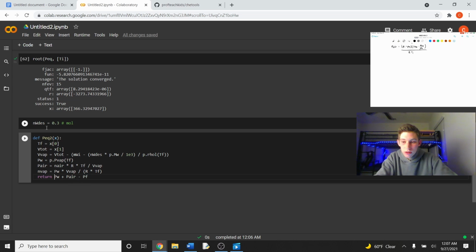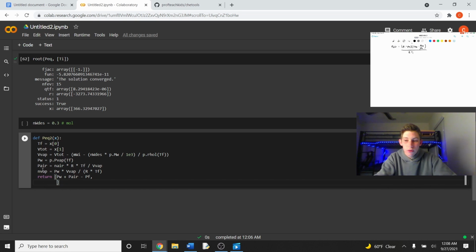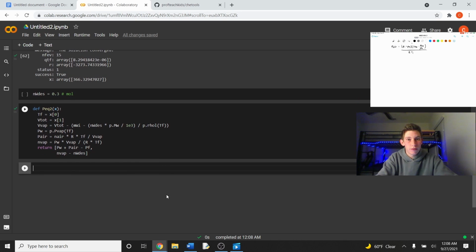And we want this to return two equations because we have two unknowns. So our second equation would be that the moles of the water vapor equals the moles of the desired water vapor. So we can simply do it like this. And then now we have our second function.